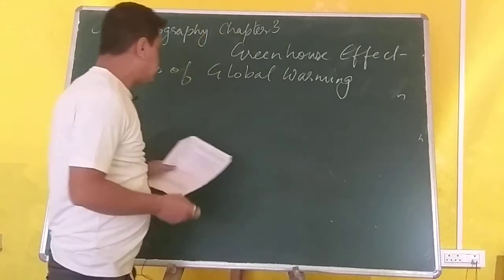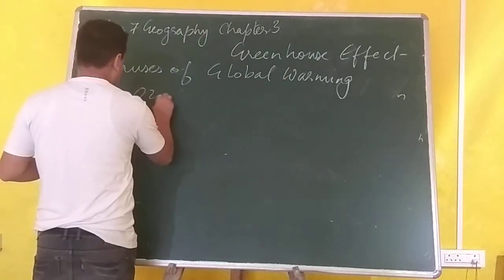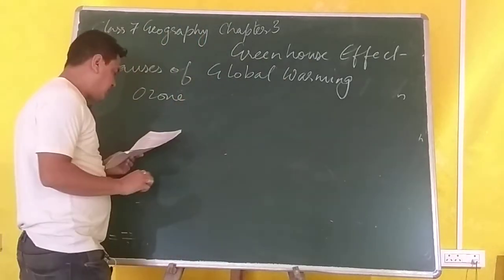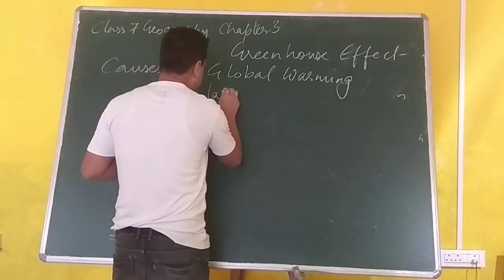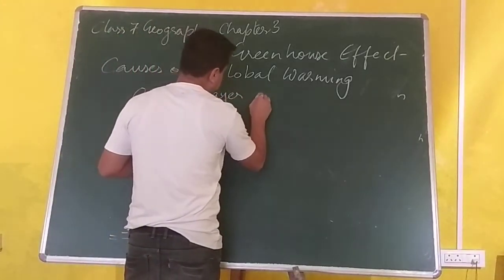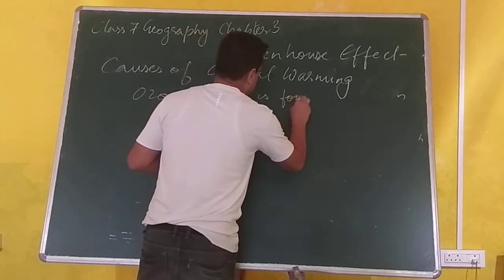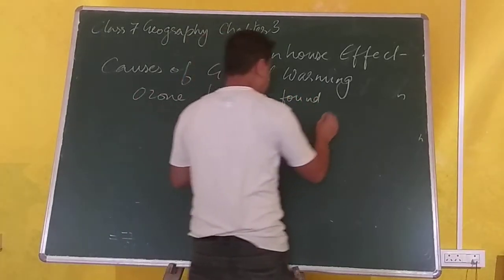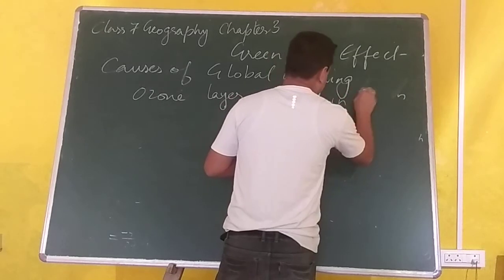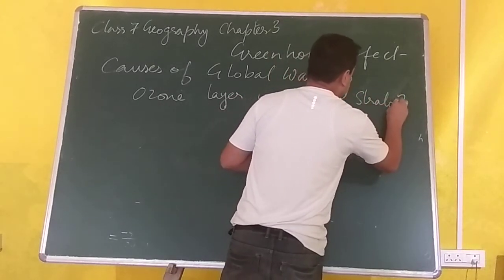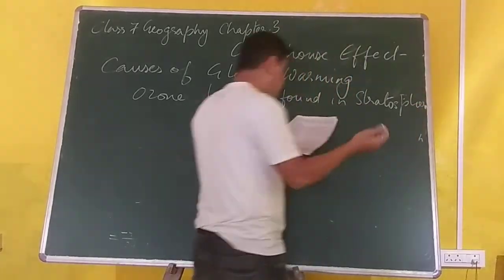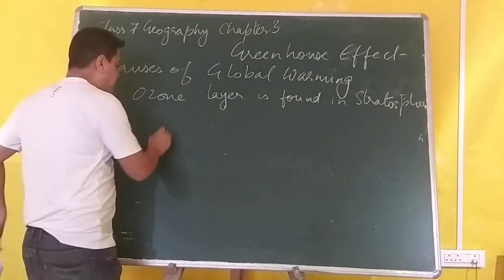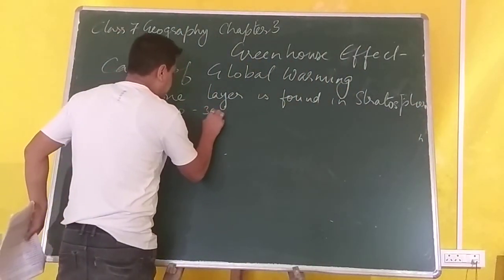Now, the ozone layer, as you have studied in the previous class, is a layer that is found in the stratosphere. And where it is found, I also told you that it is found from 20 kilometers to 30 kilometers, I think so.